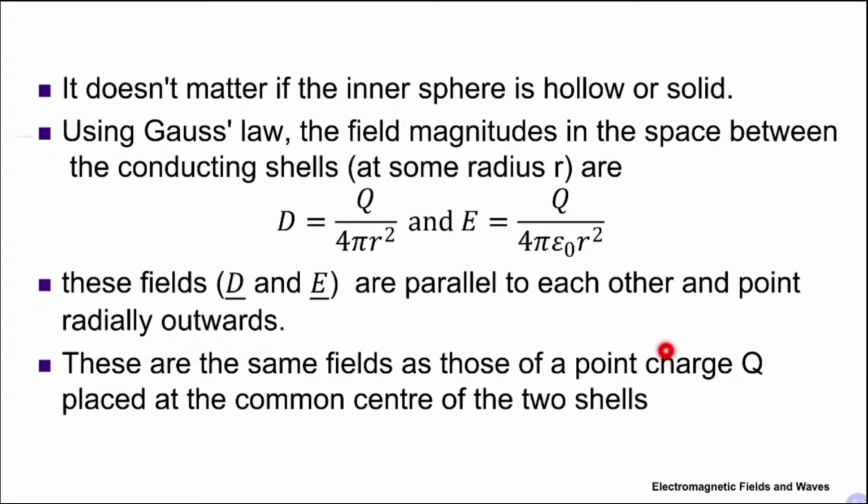And then we know that the electric flux density and the electric field are parallel to each other at all points, and they point radially outwards from the inner shell to the outer shell. Okay, if you look at the equations, it's also the same equation of a point charge that's sitting at the center of the shell.